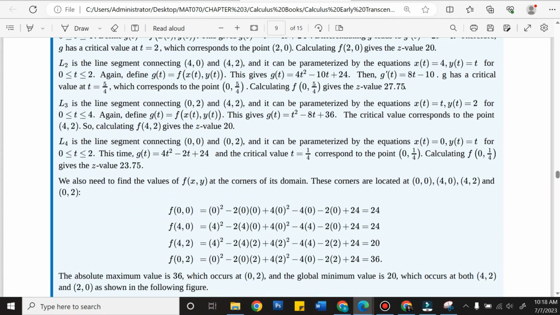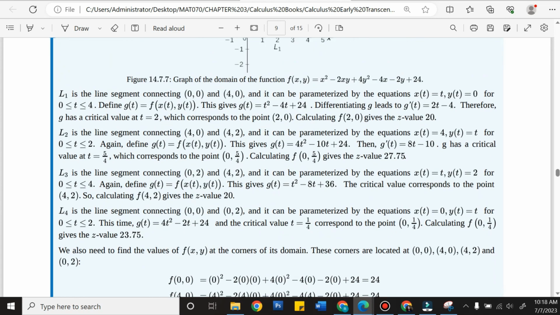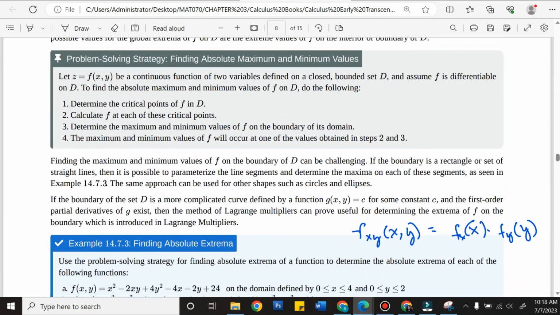So, that is your image. Now, this time, we need to find where it is a maximum or minimum. Again, we already have the critical points, no? We'll now determine the maximum and minimum values.